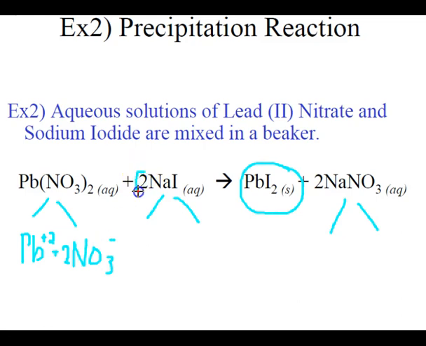Now this coefficient in front of the sodium iodide is going to give me 2 sodiums with a positive charge and 2 iodines. Whenever anything breaks apart in water, we're getting these ions, these charges. Now that lead iodide is going to stay together, and then we're going to have 2 of our sodium ions and 2 nitrate ions.